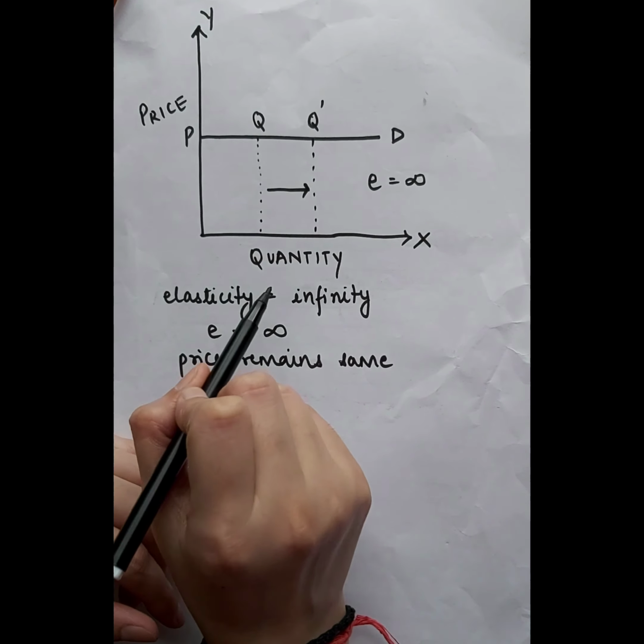Now we'll be discussing the second form of market structure, which is the monopoly form of market structure. So what does monopoly actually stand for? If you break this word into mono and poly, mono means single and poly means seller. So monopoly means single seller.